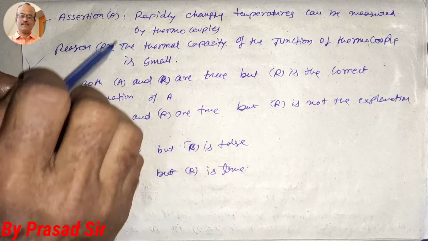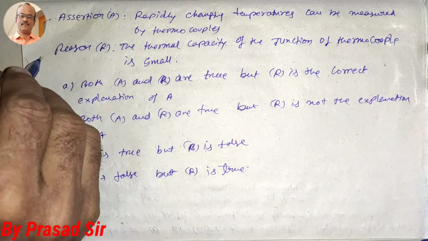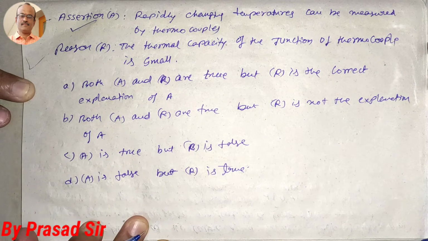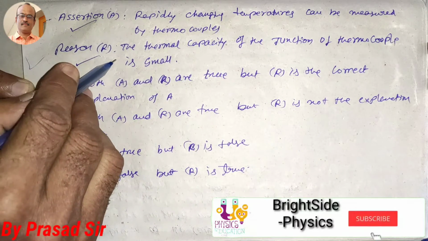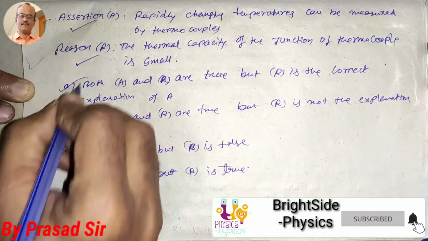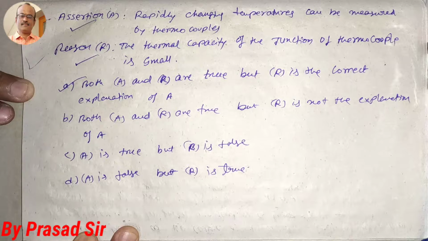So that's why rapidly changing temperatures can be measured by thermocouples is correct. But why? The thermal capacity of the junction of thermocouple is very small. That means the junction, when it is exposed to the temperature, very small temperature can be observed. So that's why it can be measured by using the thermocouple. So that means reason is also correct, and reason is the correct explanation of A. So that means option A is correct.